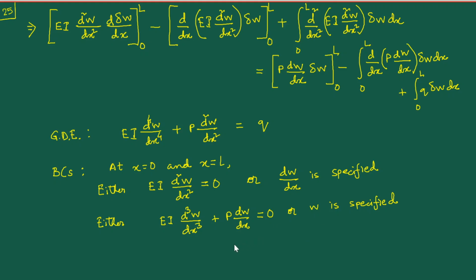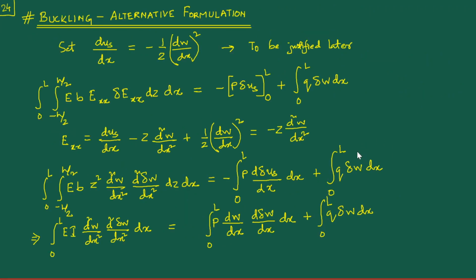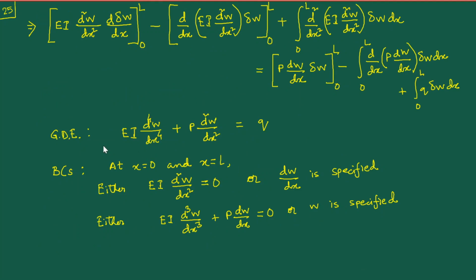Now, the key point to note here, the whole point actually of doing this, is to illustrate that if we indeed start, as we have done in this slide here, with du_s dx equal to this, then the final set of equations, the governing differential equation and the boundary conditions that we have obtained, are basically the same set of equations that we had obtained earlier.